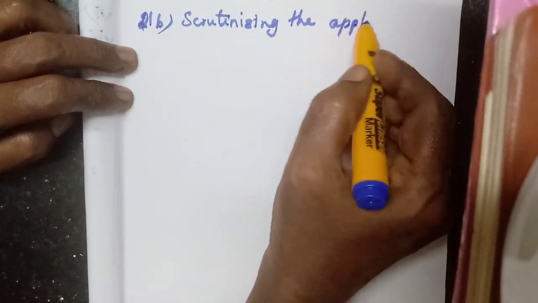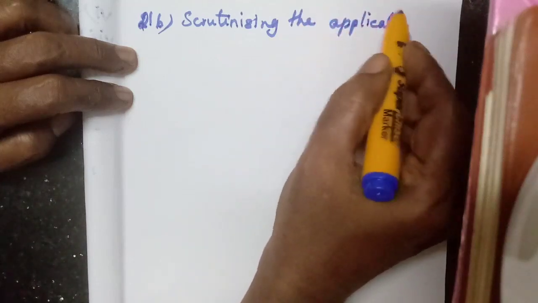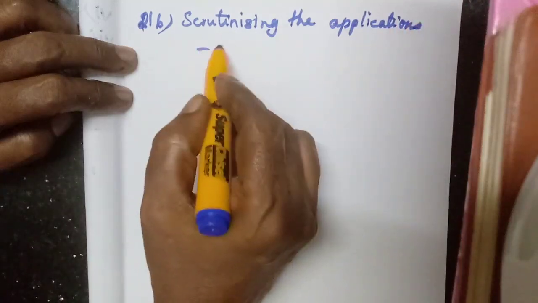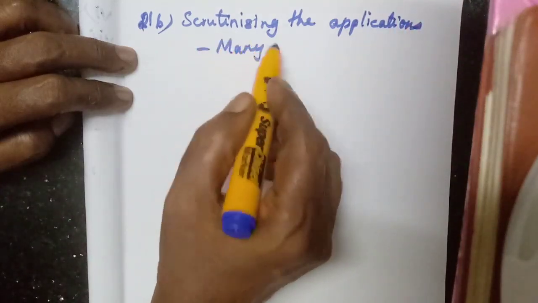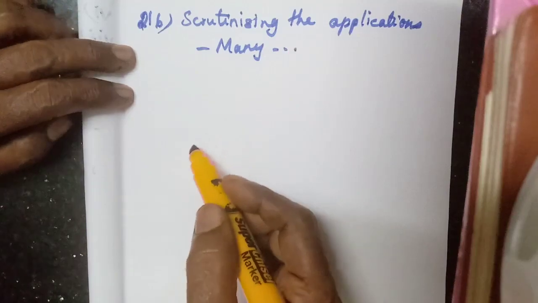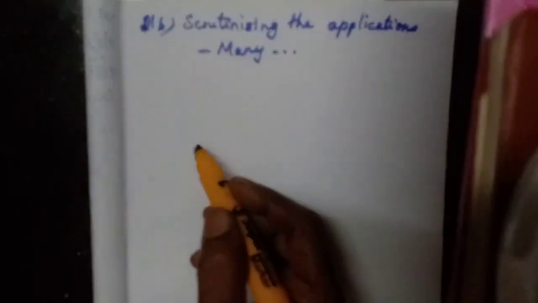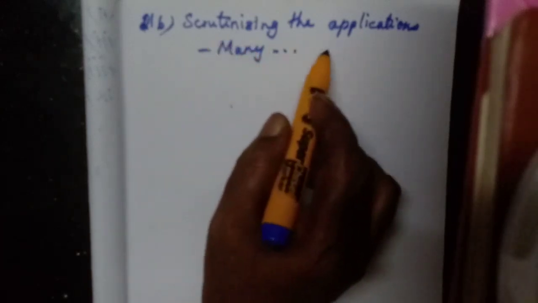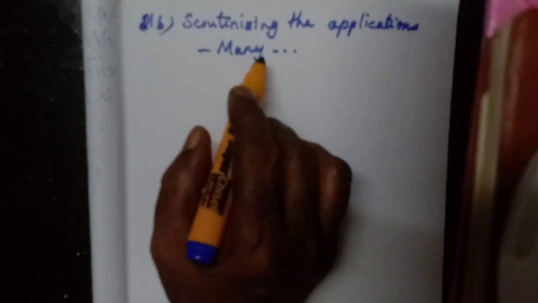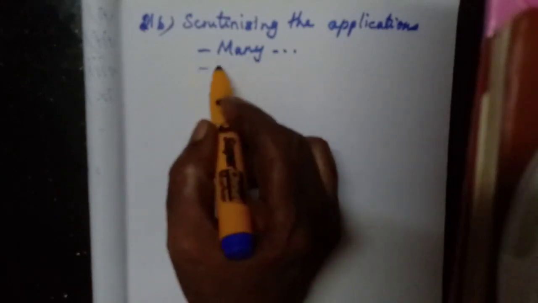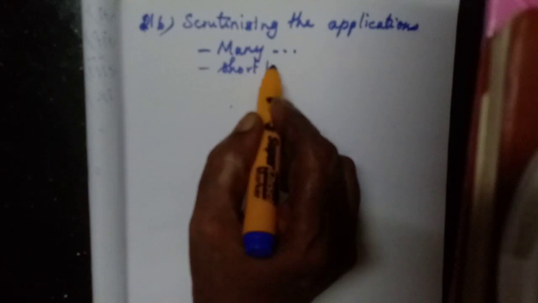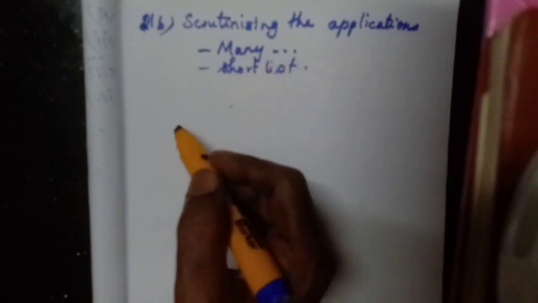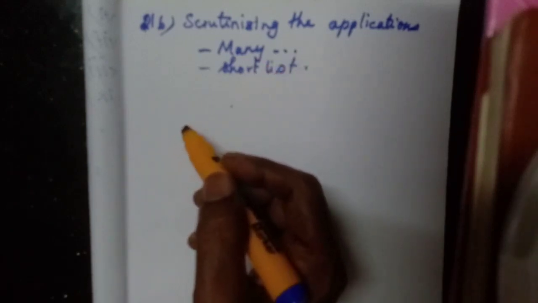Once they advertise in the newspaper, they may receive many applications. They cannot call all the applicants for the interview, so they have to shortlist these applications. They may have some measures to shortlist.